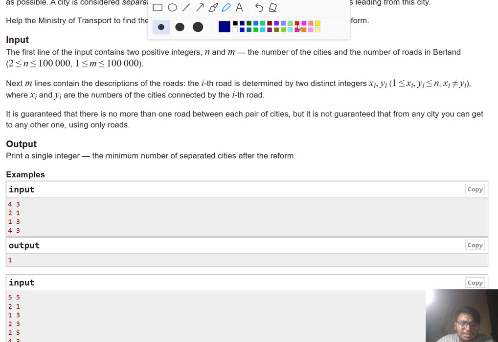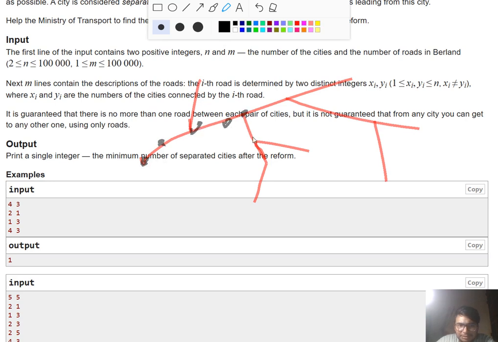So what I'm thinking is, let's say we have a system like this, a very much branched structure, and there are a lot of node points, like these black dots.